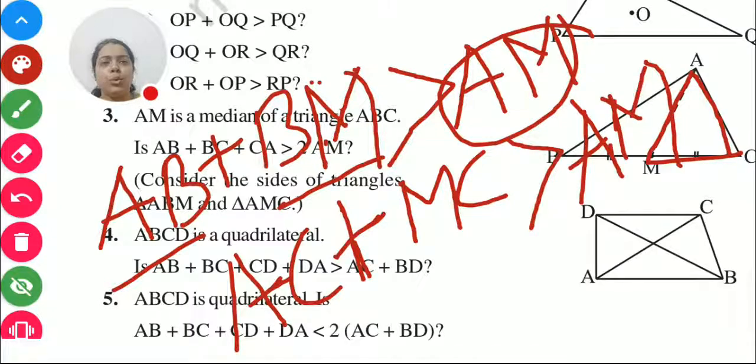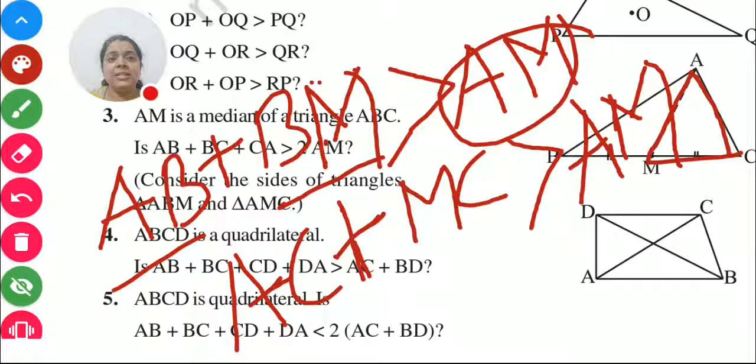Are we able to do that? Undoubtedly yes, we can do that. AB plus BM is greater than AM, and AC plus MC is greater than AM.